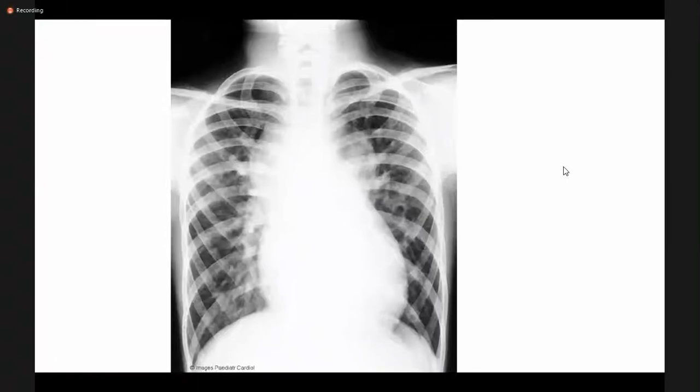So in total anomalous pulmonary venous drainage, the pulmonary veins will not open into your left atrium. Instead, they will open elsewhere. So you will see a figure of 8 or snowman appearance in that heart condition.